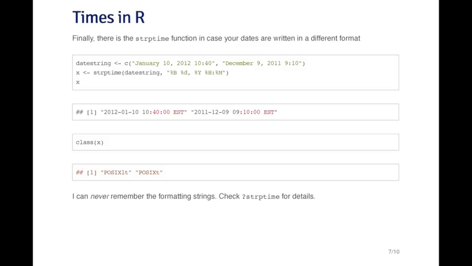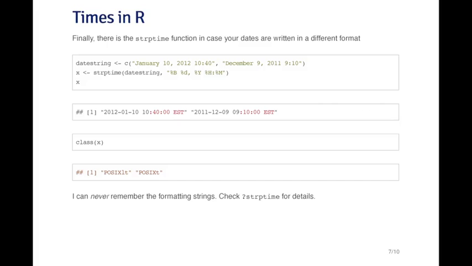So in this case, you'll see all these percent signs followed by letters, and you can look up what these symbols mean in the help page for strptime. So %B is the unabbreviated month name. %d is the day, then comma, and then %Y is the 4-digit year. Then %H is the hour, colon, followed by %M, which is the minute.